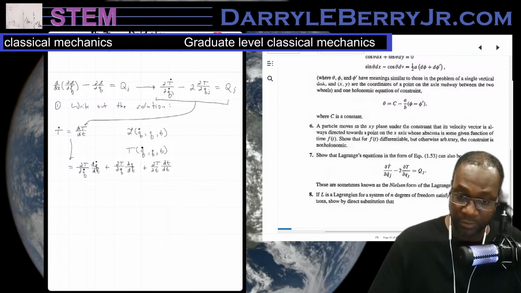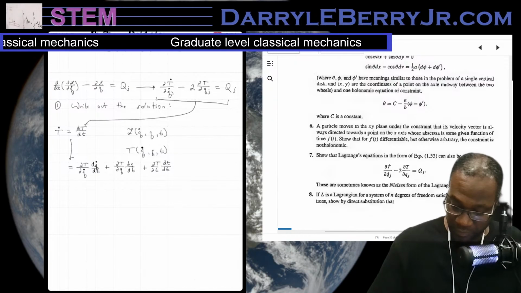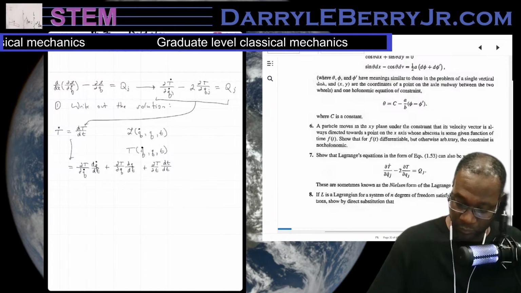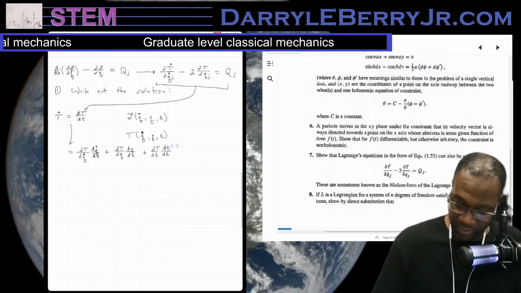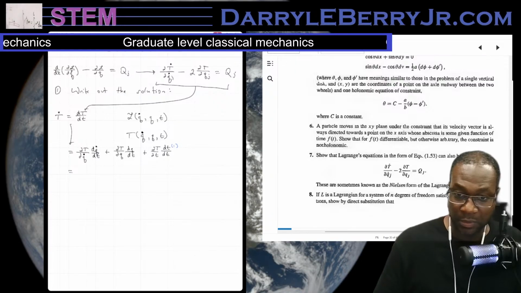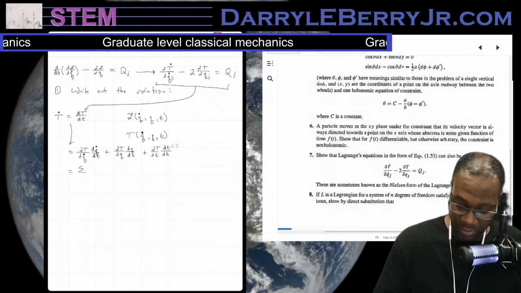Of course, this equals 1. So this cancels. So we're left with what the solution has, which is this. Also notice there's a summation on it.